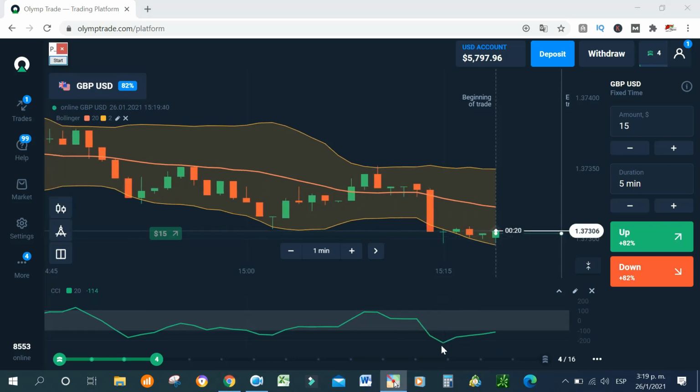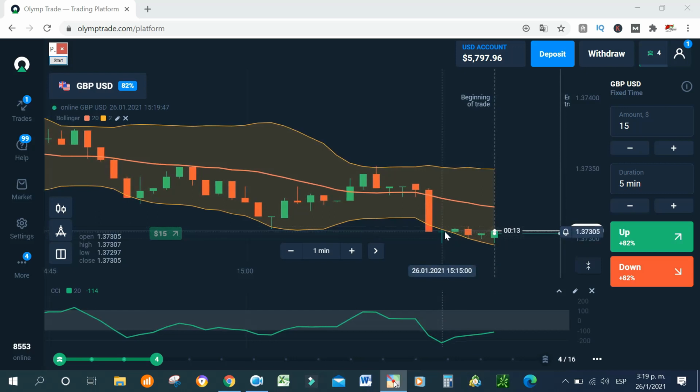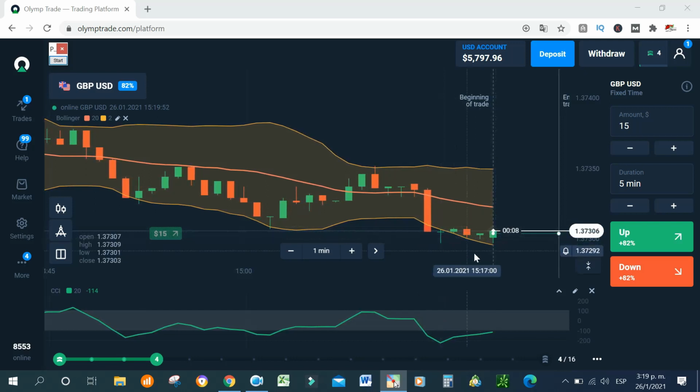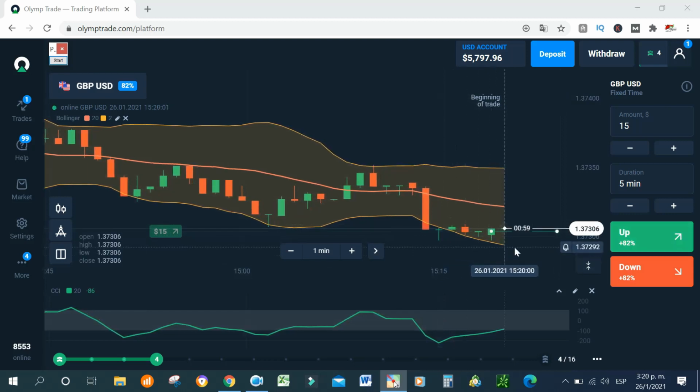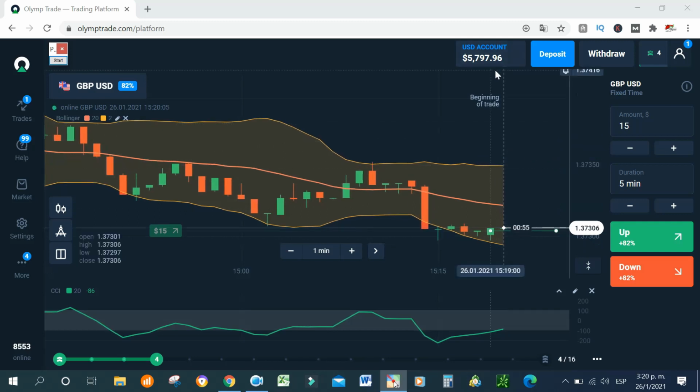So I wait until the market is oversold and the price is on the lower Bollinger Band, touching or crossing the lower Bollinger Band, to make an up option, okay, to go higher. As simple as that. That's why we want this trade.